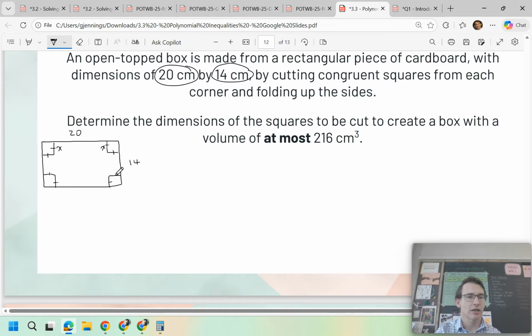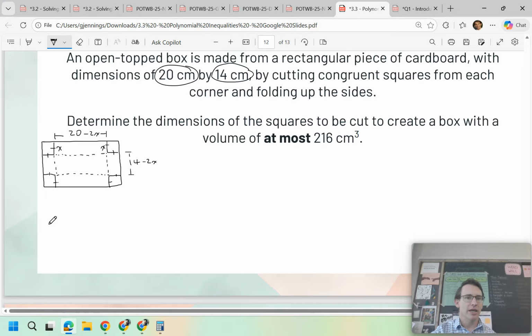Making this 20 minus 2x and this 14 minus 2x. That's now the length of this side here to here and here to here. That's going to be the dimensions of the floor plan of your box, the part on the bottom, when we fold those sides up. The diagram is just so useful to help you visualize that and get your algebra set up right.